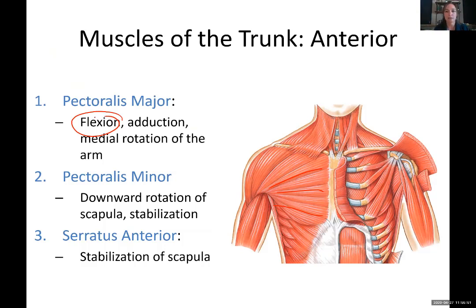So that's why a bench press would be something that would help this. So that's the pectoralis major, because it also does adduction, it brings your arm in from the side. And because it's attached to the front of the humerus, it causes medial rotation, helps you rotate your humerus inward.